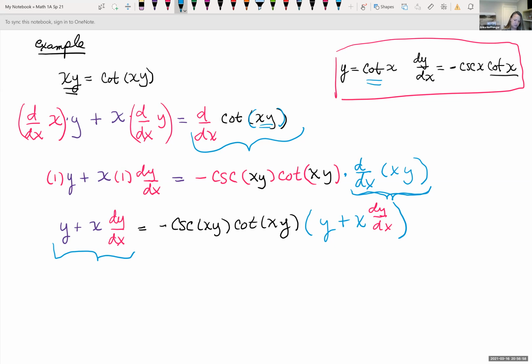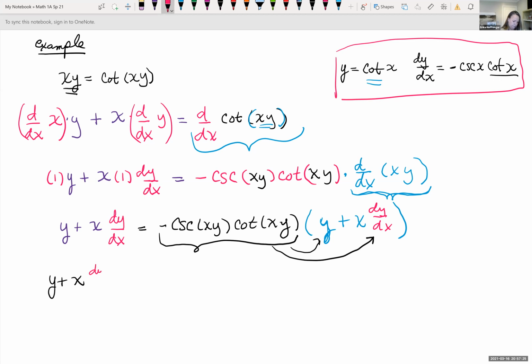So we need to distribute, we need to get all the terms with dy dx on one side. And notice this is like two separate terms. So we want to distribute this negative cosecant xy, cotangent xy to each term in here. So let's bring down the left-hand side, y plus x dy dx is equal to, it's just messy because it's a lot, and I'm going to put the y out front.